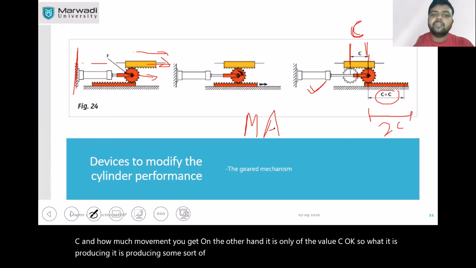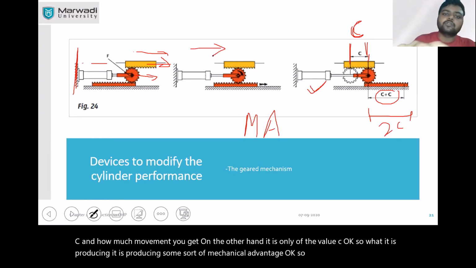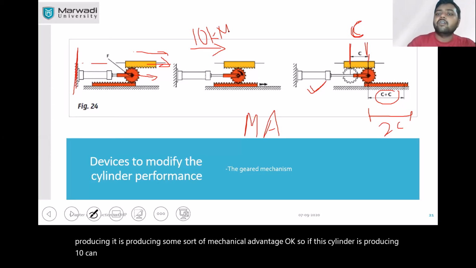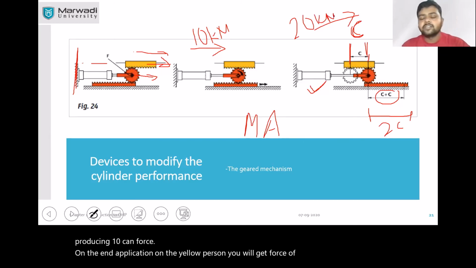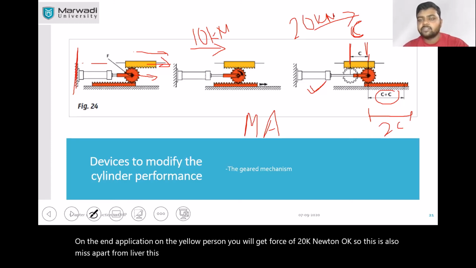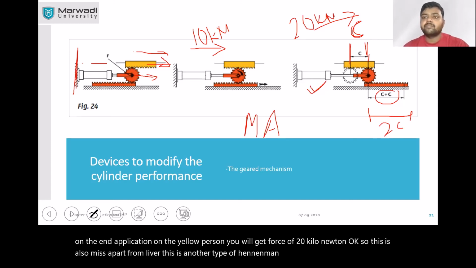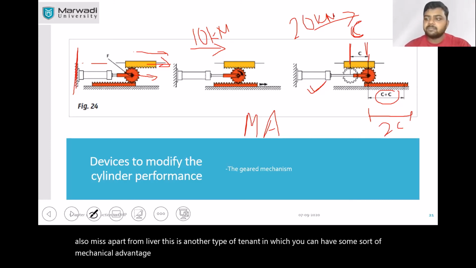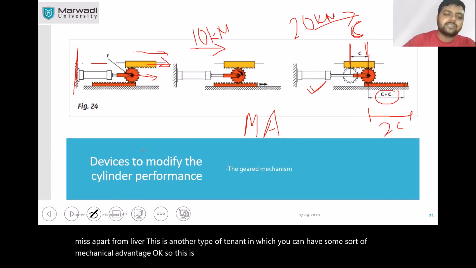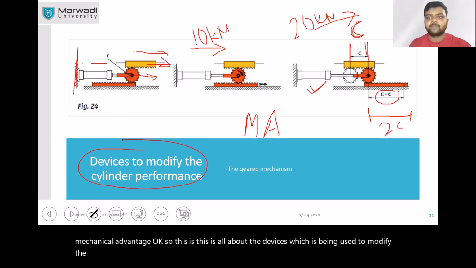If this cylinder is producing 10 kN force, on the end application, on the yellow portion, you will get a force of 20 kN. So apart from the lever, this is another type of arrangement in which you can have some mechanical advantage. This is all about the devices which are used to modify the cylinder performance or cylinder movement.